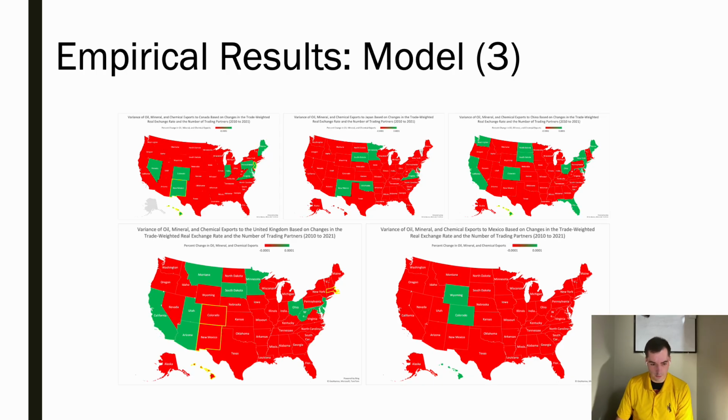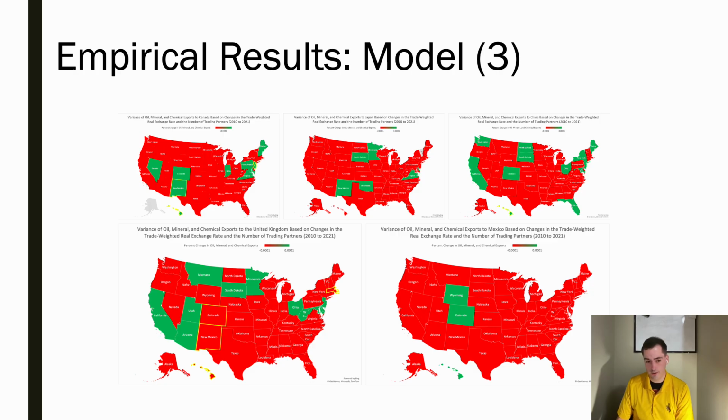Looking at the results of Model 3, there's slightly more significance. This is where we included the number of trading partners in addition to that same exchange rate measure from the House paper. So, for example, we look here at the UK, Colorado, New Mexico, Hawaii, and some East Coast states.